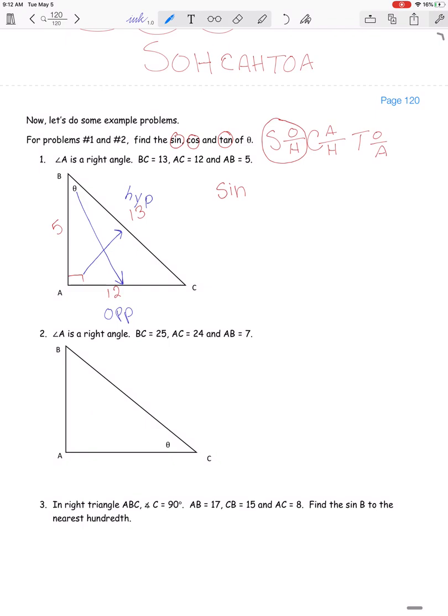And the one that we have left, the one that's next to my angle, is my adjacent. So the sine is the opposite over hypotenuse. So we end up with the sine of theta equals 12 over 13. So that's how we would do that.